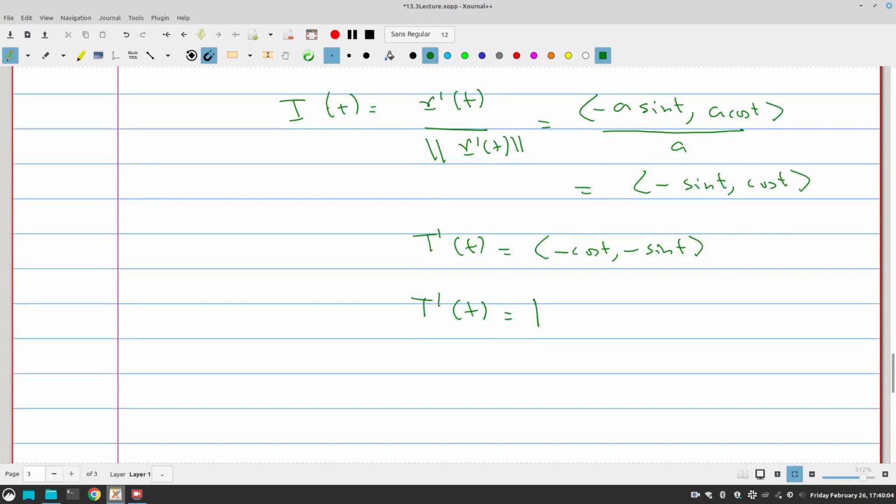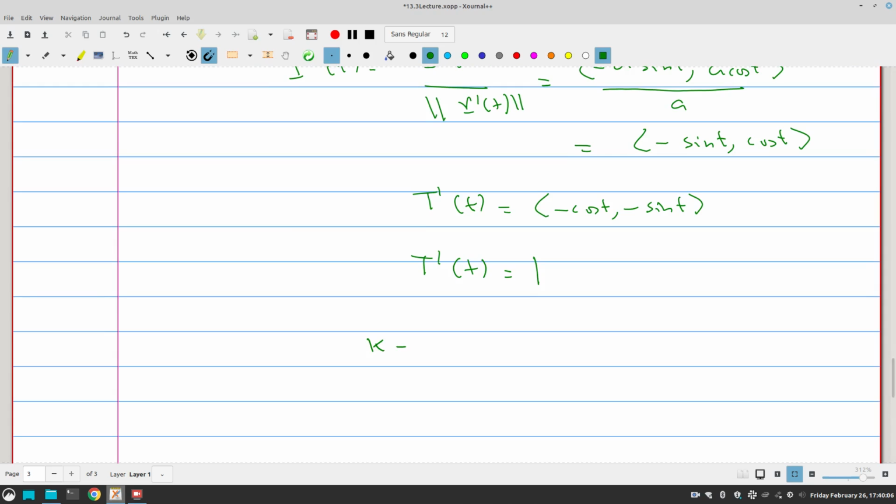So then kappa, this is defined as the modulus of T prime t divided by the modulus of r prime t, which is equal to 1 over a. Okay.